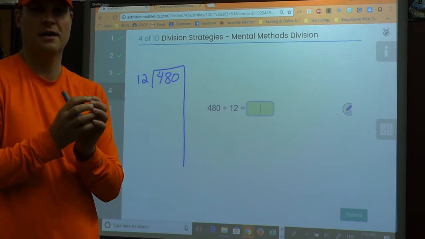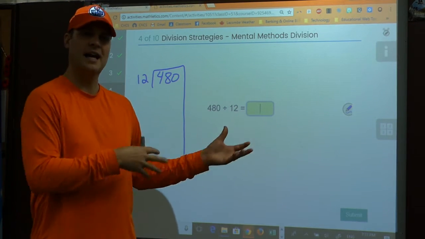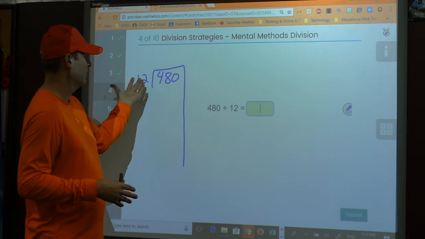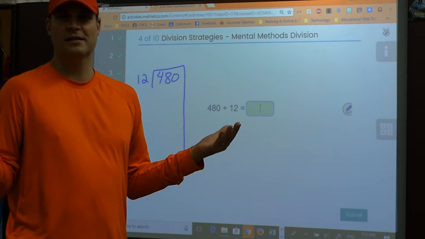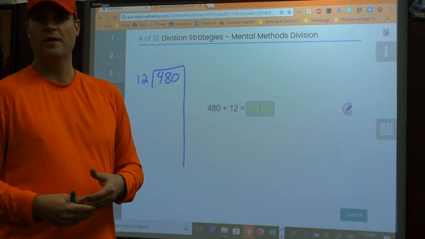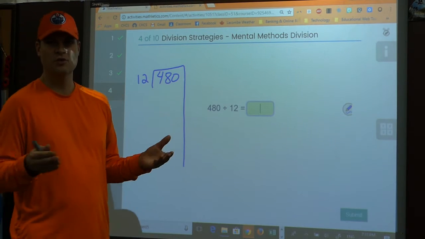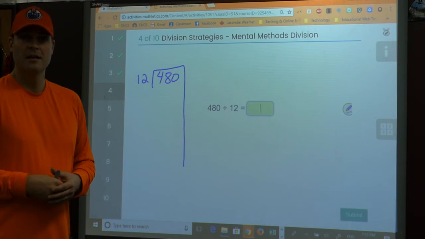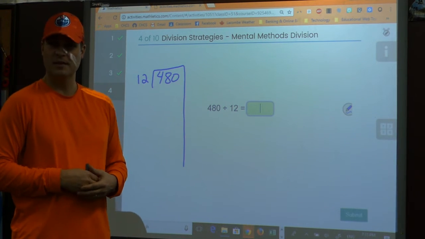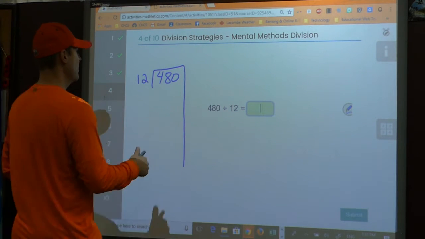How many groups of 12 can we make that fit into that? We don't have to be bang on, because even though you may not know that times table fact, you can do things that you know easily. For example, you can start off by simply multiplying by 10, or even 20 if you can do that quite easily.